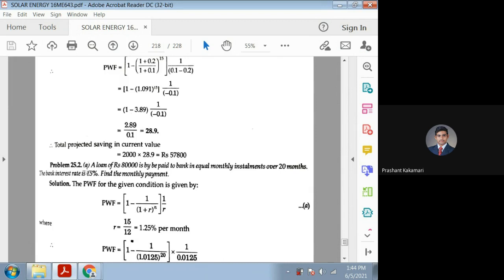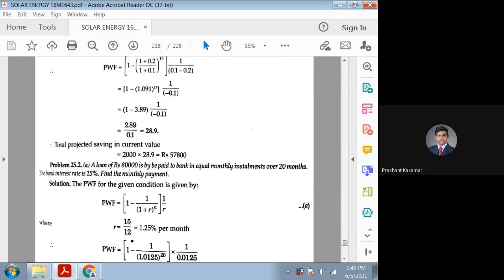So in the first case, a loan of rupees 80,000 is to be paid to a bank in equal monthly installments over 20 months. So for 20 months he is going to take a loan of rupees 80,000 today.